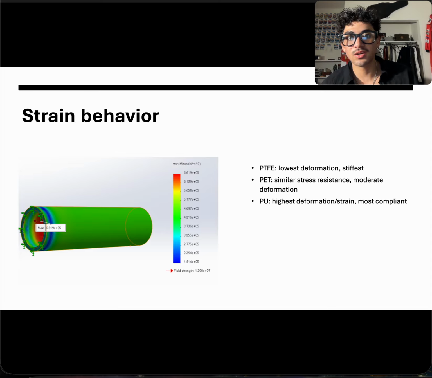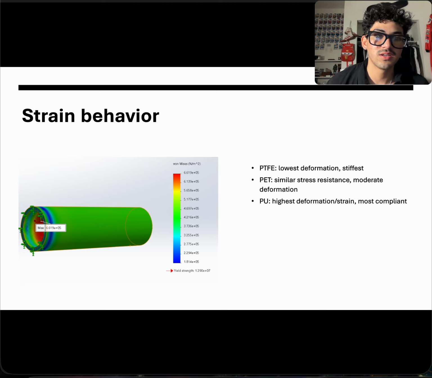Besides stress, we also measured strain. Stress tells us whether the graft can survive load, but strain tells us how much it deforms over time, the key to compliance matching and long-term fatigue risk. So the strain results followed each material's stiffness. PTFE, being the stiffest, showed the smallest strains in every configuration.